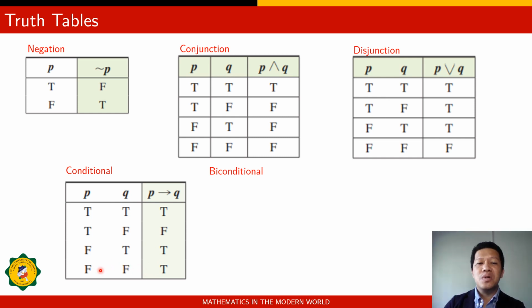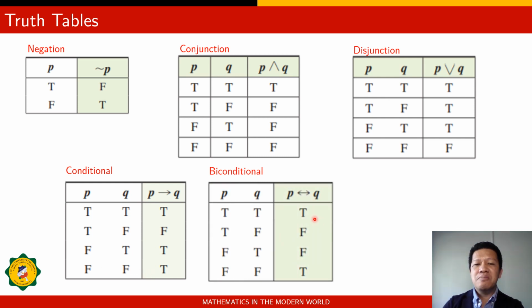And let's proceed to biconditional. For biconditional, as you can see, there are two possibilities that it can be true and also two possibilities that it can be false. It is true if both statements are true, and it is also true if both statements are false. But if we have the first statement as true and the second is false, it will be false.